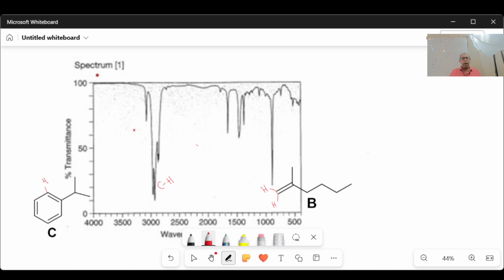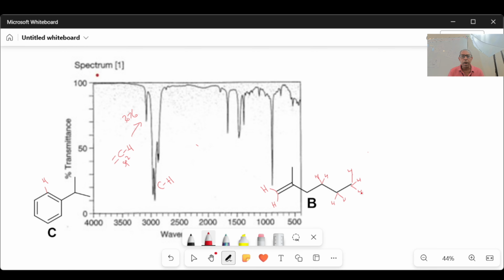So I would assign this CH stretching, which is for a double bond sp2 carbon-hydrogen, to just about 3100. That is 3076 actually. The exact number can be 3076 inverse centimeters. And the rest of the CH is for the alkyl chain. Alkyl chain CH stretching is just below 3000.